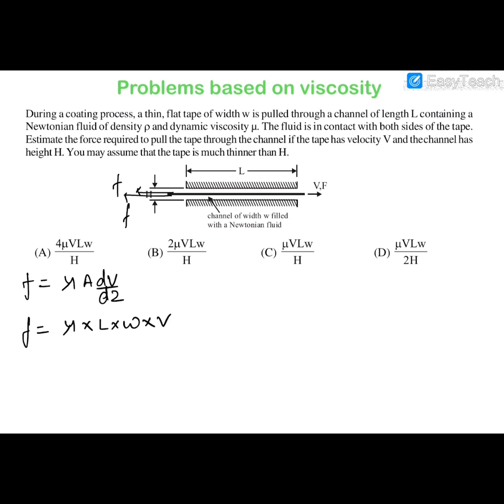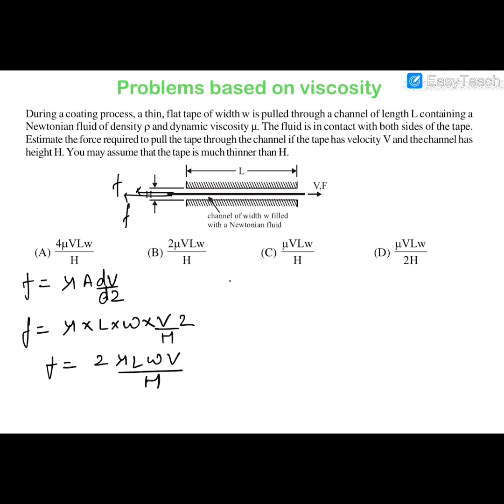Let me show you like this. So this surface of the tape and this surface of the channel, this is dz, and this is obviously h by 2. So dz is h by 2. So f is equal to 2 mu L W V by h.